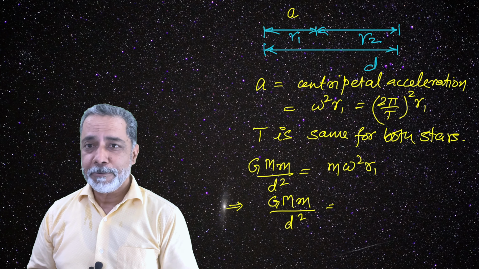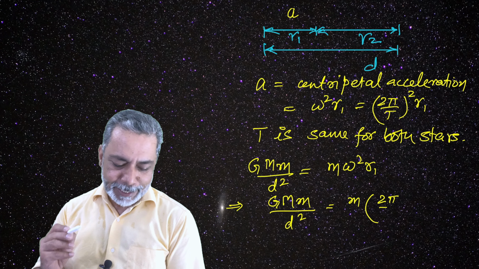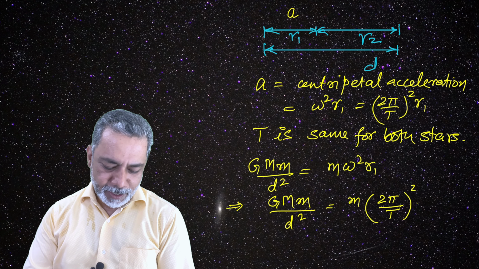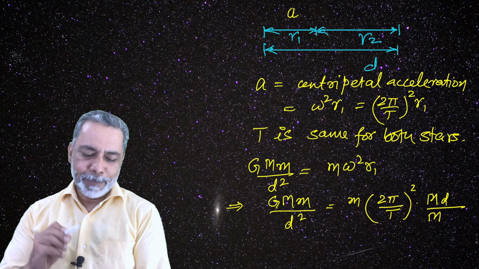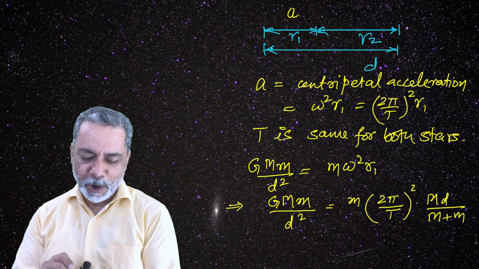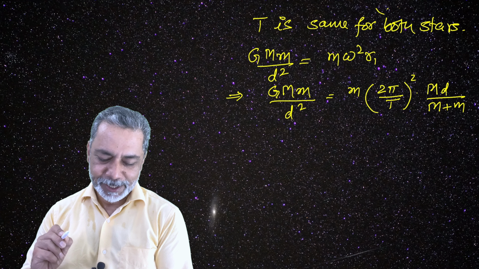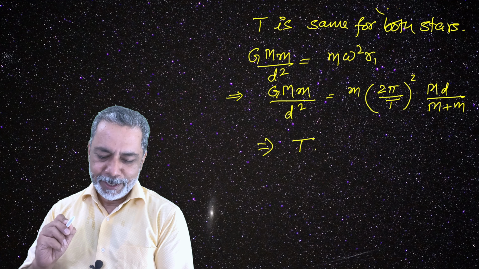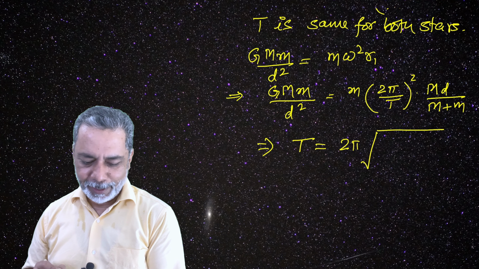Now let's substitute r1 in this expression, and we end up with this equation: G capital M small m by d square equals small m into 2 pi by T whole square times r1, and r1 happens to be capital M times d by capital M plus small m.